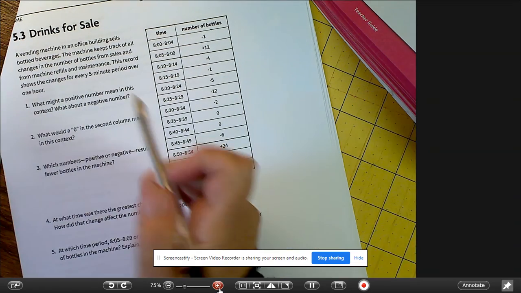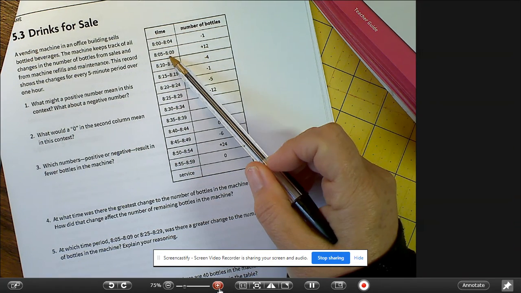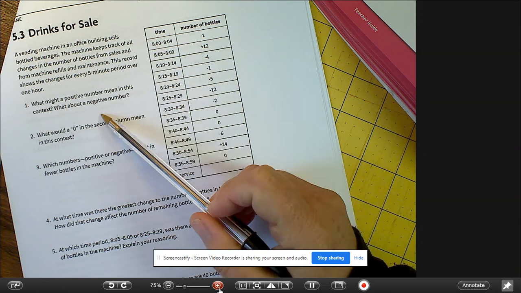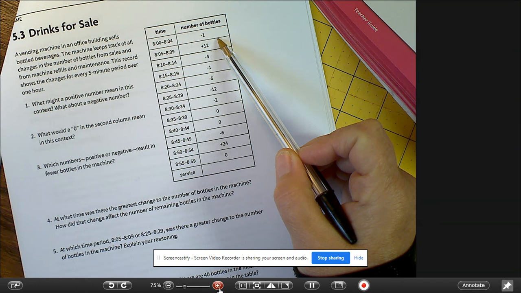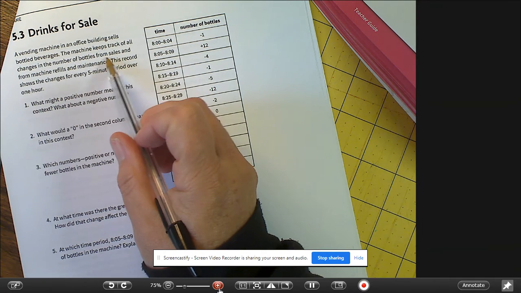What might a positive number mean in this context? What about a negative number? So a positive number would be that they added bottles to the machine.